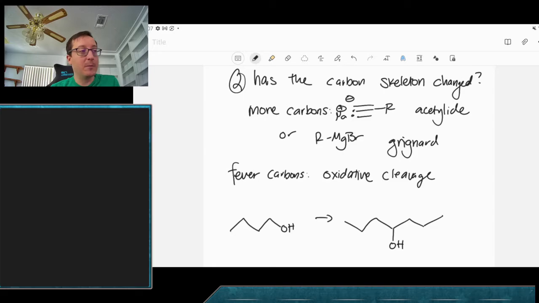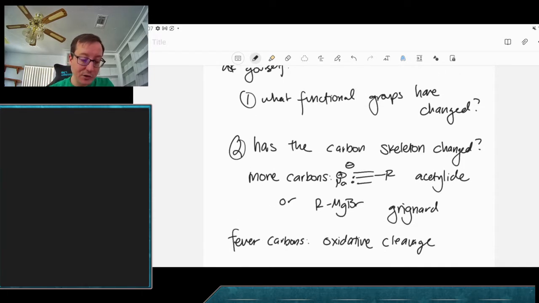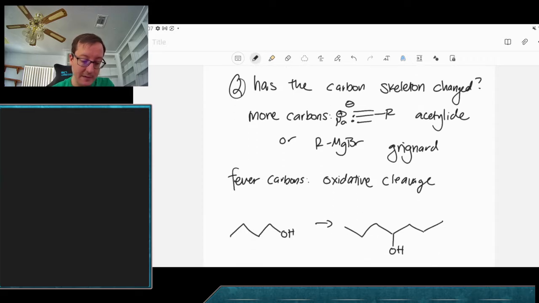And so if we want to think about this, well, how would we go from our butanol to this 4-heptanol? Sorry, this 4-heptanol. Why did I say 7? I know why I said 7, because it's heptanol. But how might we do this? So, as always, we have to think, how do we make secondary alcohols? And we see here that in terms of functional groups, nothing has changed in our molecule.